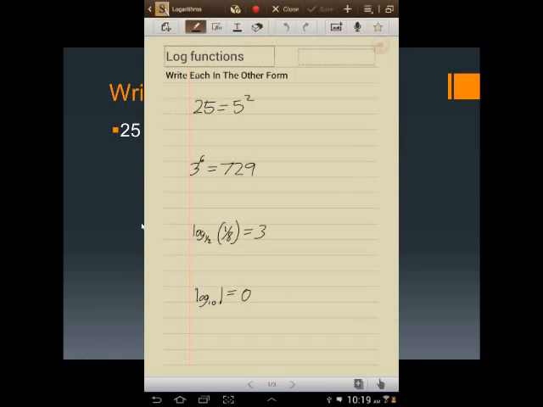All right, so 25 equals 5 to the x, or 5 to the second power. I'm going to write that as a logarithm. So log, the base of the exponent becomes the base of the logarithm. We're taking the log of the number we had.